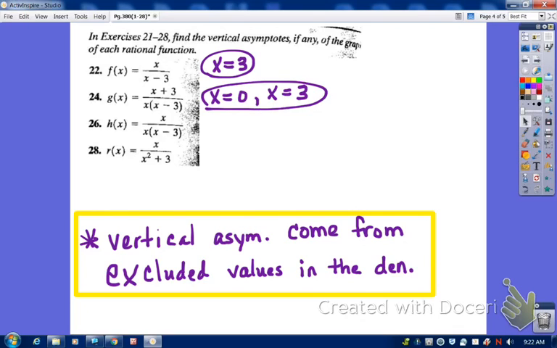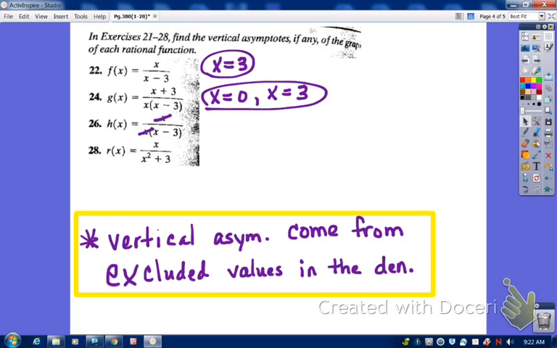The x's will cancel here. Okay? If your x's cancel, then that x in the bottom is not going to give you a vertical asymptote. It's actually going to give you a hole in your graph. When the x is canceled, that's where the graph is going to give you a hole. It'll just be a little open circle in your graph.